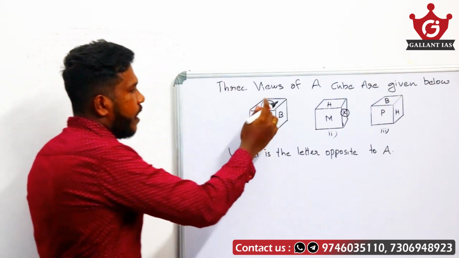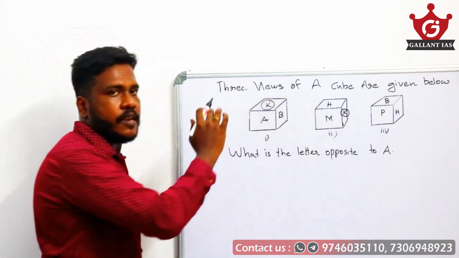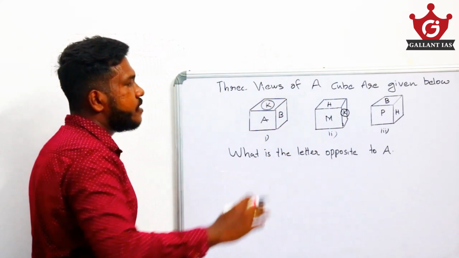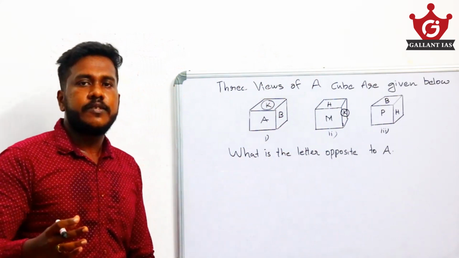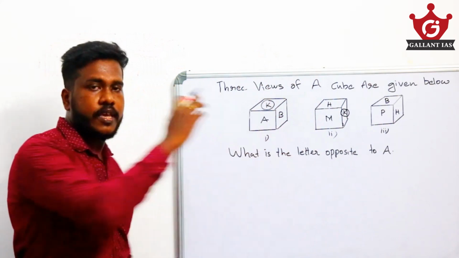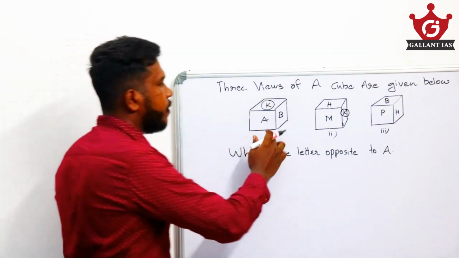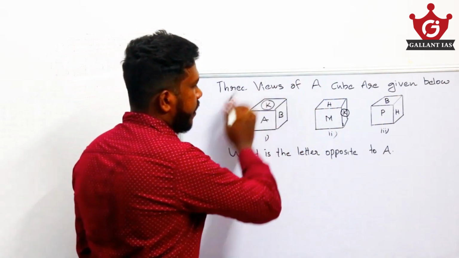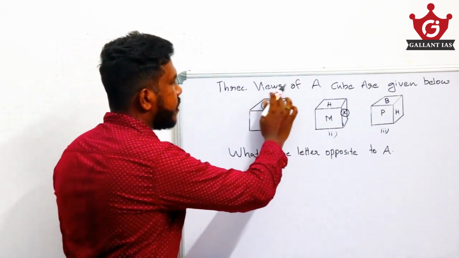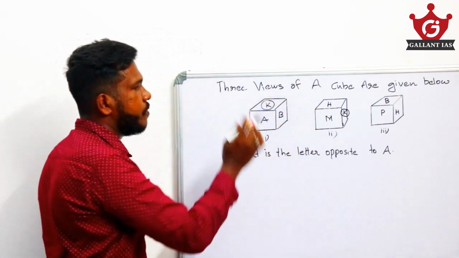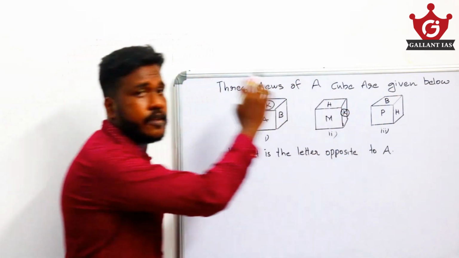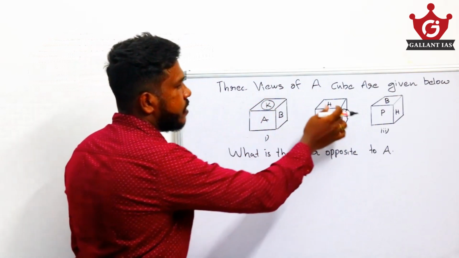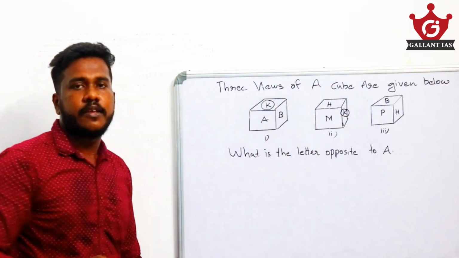We already marked the common value, that is K, and now we need to write down the values either in the clockwise or anti-clockwise direction for both cubes. If we take the clockwise direction in the first cube, we need to take the clockwise direction in the second cube also. If I take the anti-clockwise direction in the first cube, then we need to take the anti-clockwise direction in the second cube also.